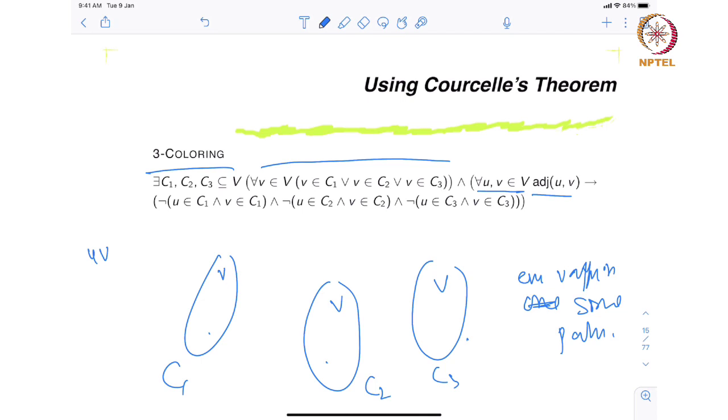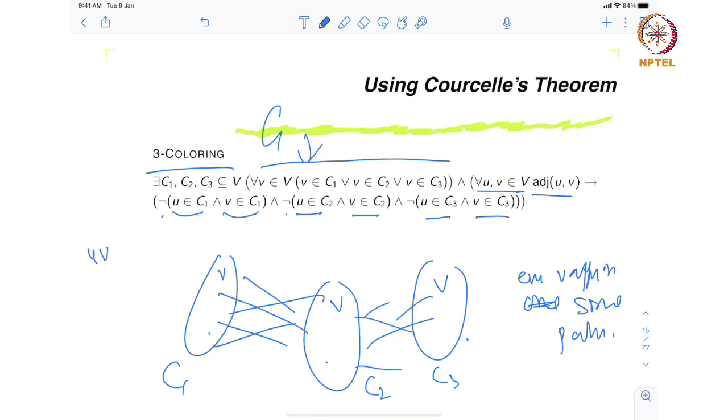How do I show this? u belongs to C1 and v belongs to C1 does not happen. u belongs to C2 and v belongs to C2 does not happen. u belongs to C3 and v belongs to C3 does not happen. Which implies that any graph G which satisfies this property is 3-colorable, because we can find a 3-partition, every vertex appears in one of the parts, and each edge goes across. Okay. So that's it.